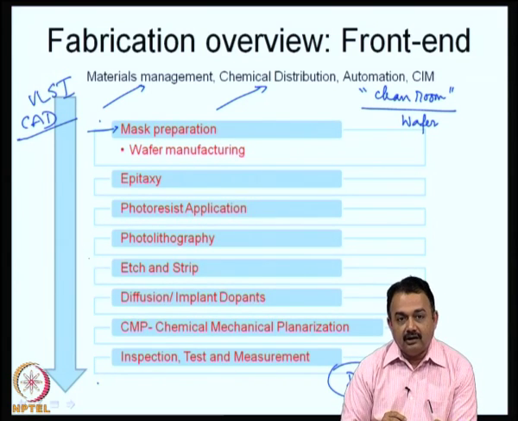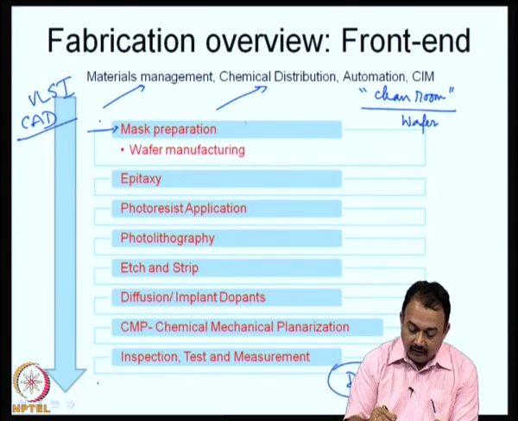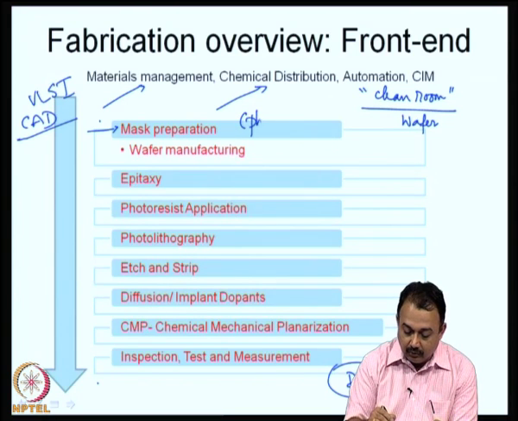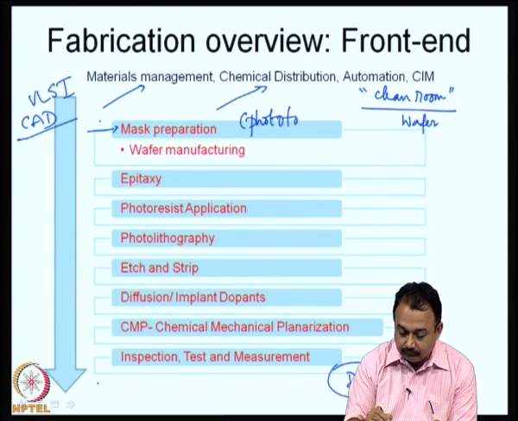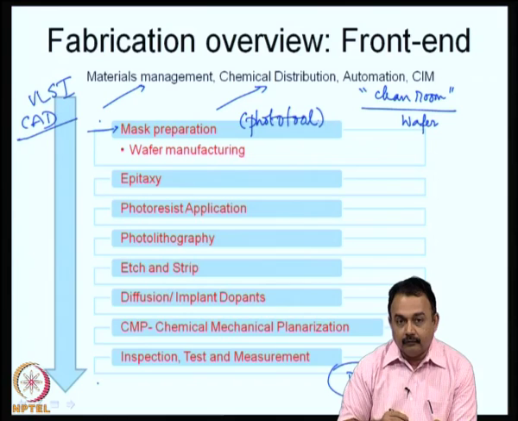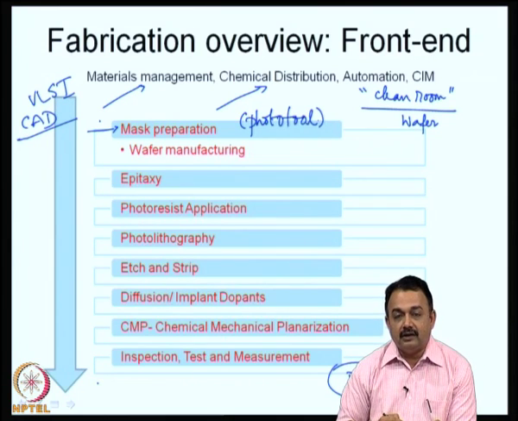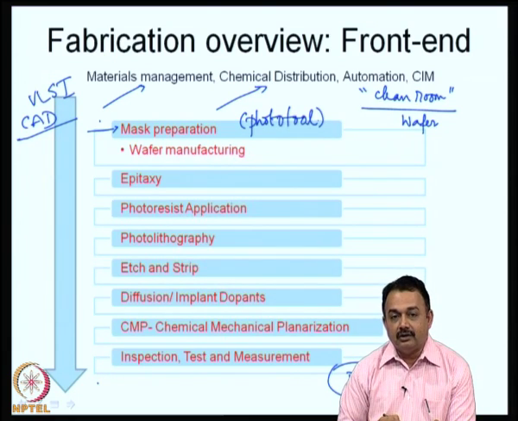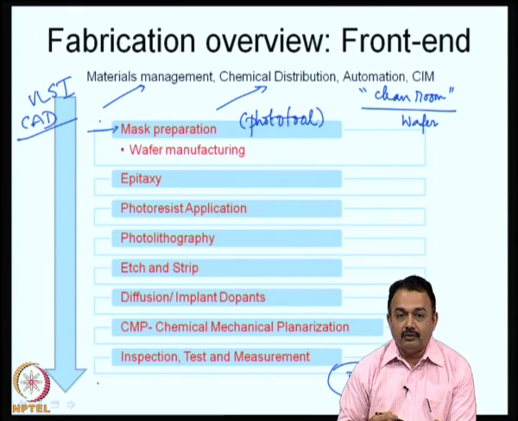What is a mask? A mask is basically, you can call it a photo tool. Okay. Typically, this is done on a glass base for semiconductor manufacturing, but in the case of printed wiring board manufacturing, we do not use glass, we use some other plastic material or film, a normal photographic film.